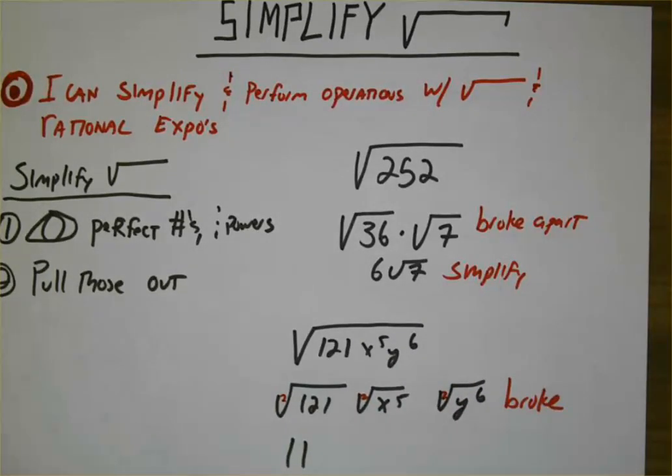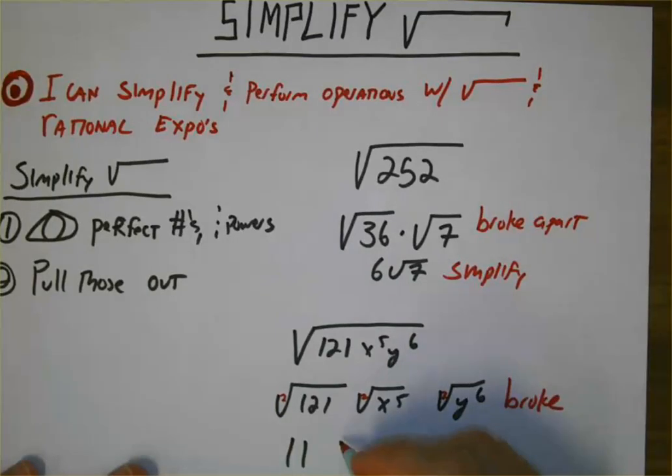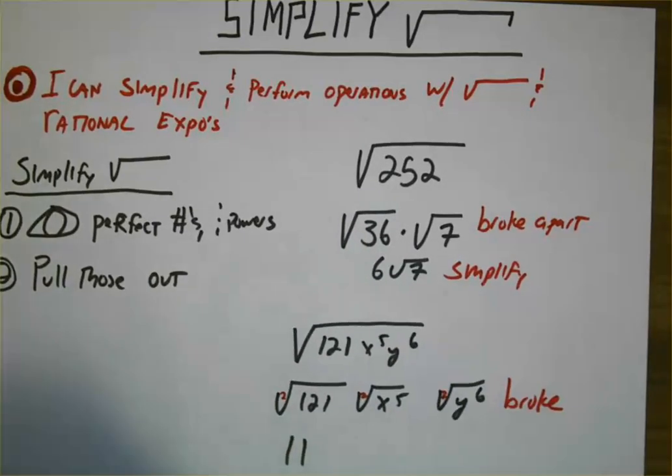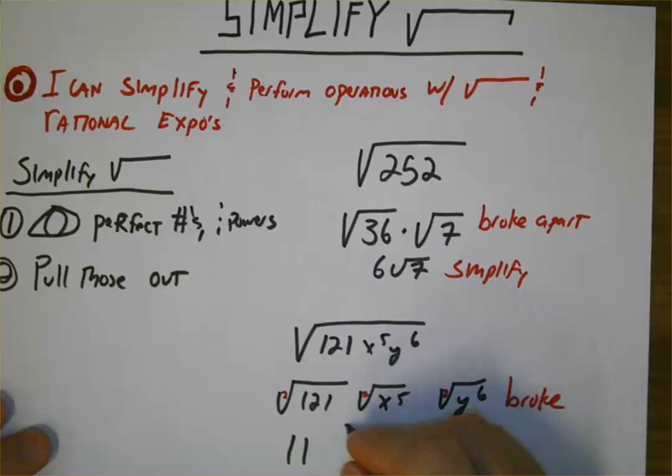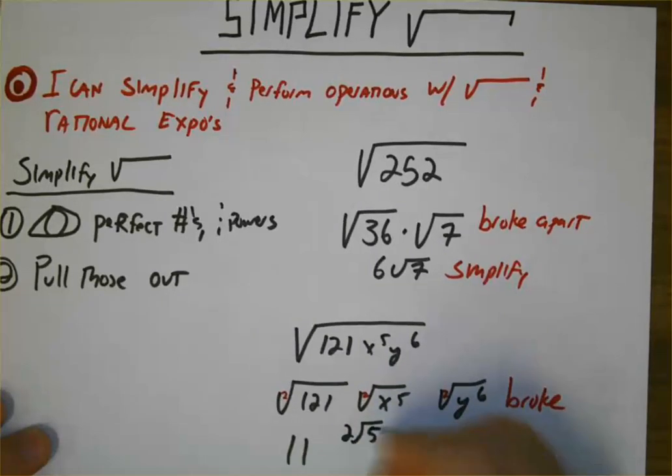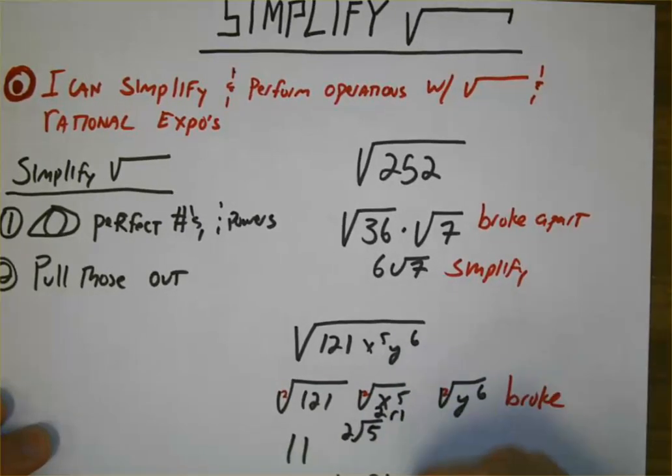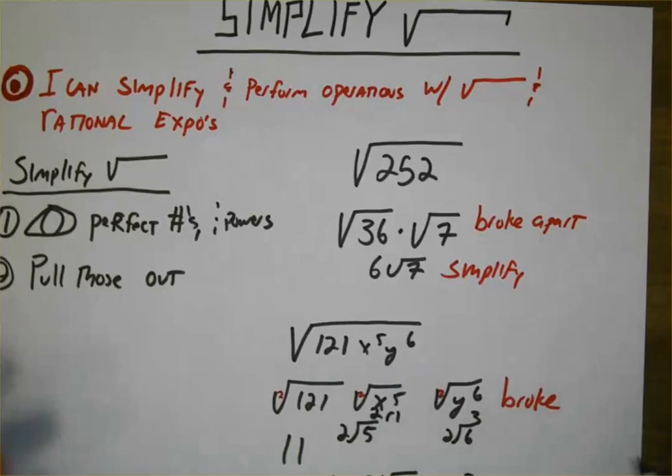This is how I work it. For x to the fifth, how many times does 2 go into 5? It goes 2 times with a remainder of 1. So it becomes 11, and then x squared outside, and the remainder 1 stays inside. Now for y to the sixth, 2 goes into 6 three times, so that's y cubed.